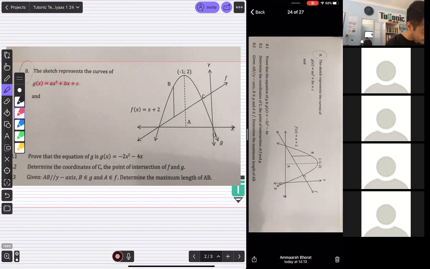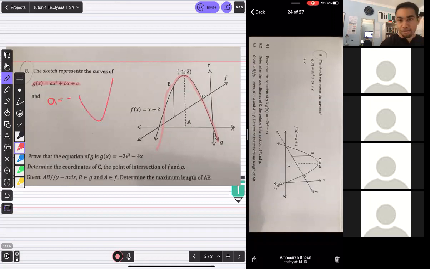We call it a frowning parabola because it's going downwards, and because it's a frowning parabola, I already know that a is negative. Whenever a is negative, it's a frowning parabola. Whenever a is positive, it's a happy parabola.